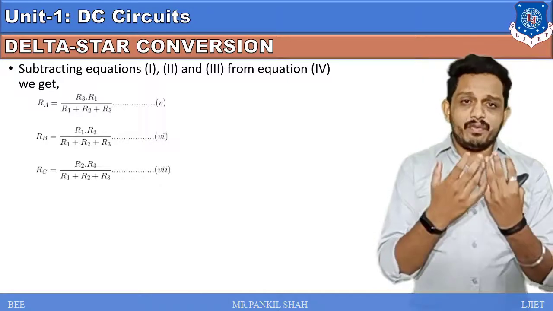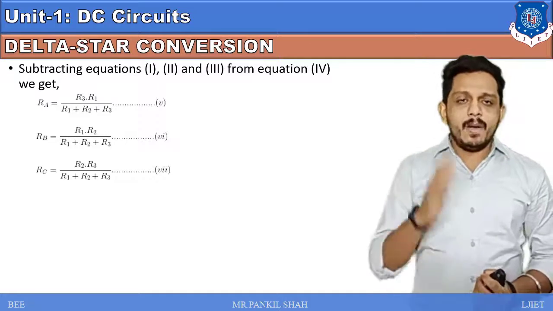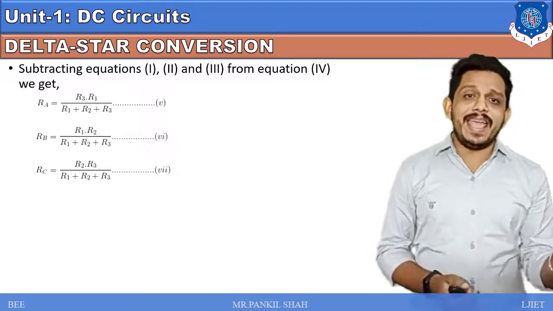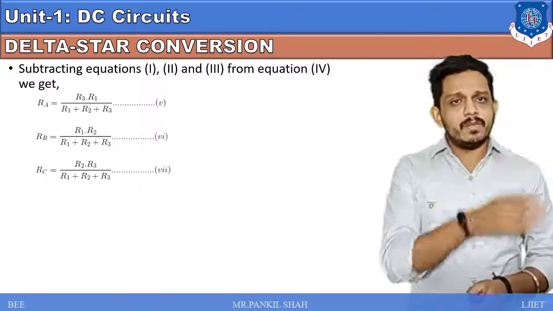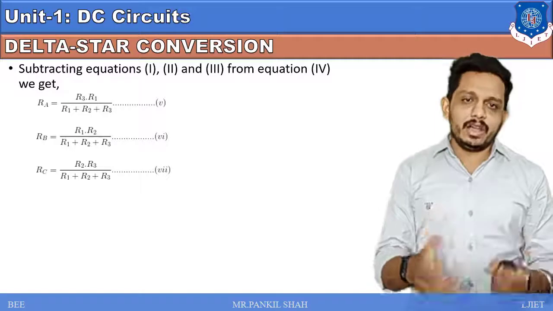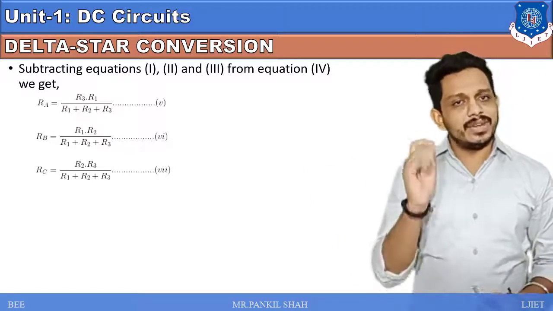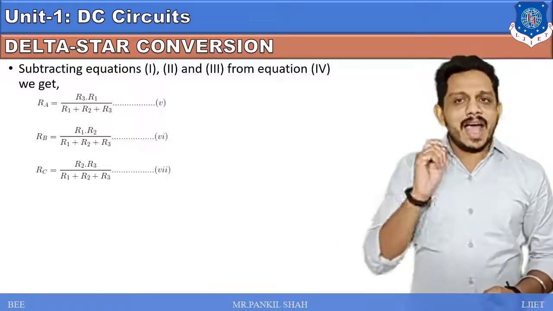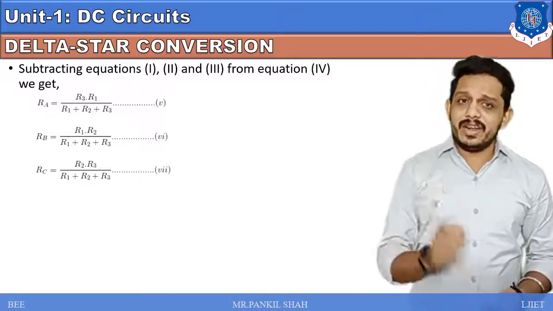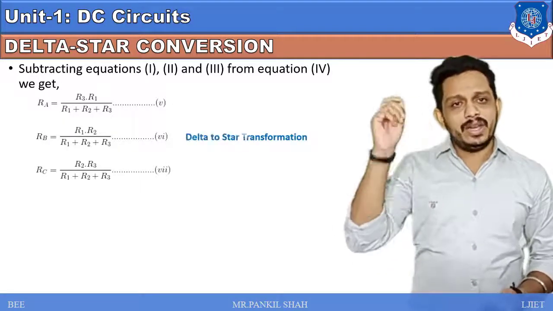In the fourth equation there is R1 R2 plus R2 R3 plus R3 R1, but it will be subtracted with any of the two terms. So those two terms will cancel out and only a single term will appear in that equation. In the first equation, the single term will appear as R1 R2. In the second equation, it will be R2 R3. And in the third equation, it will be R3 R1.